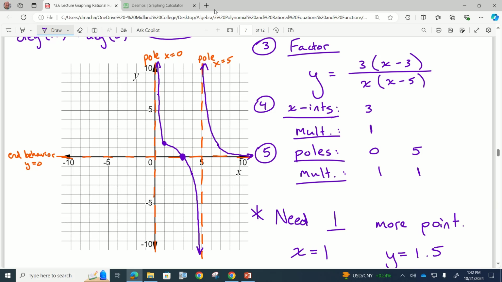Once again, the pole at x equals 0 has an odd multiplicity, and if it has an odd multiplicity, then we restart at the other end, and we keep drawing to the left, and as I continue to draw to the left, I'm going to try to make my curve get closer and closer to the end behavior, which is the x-axis. Just like that.